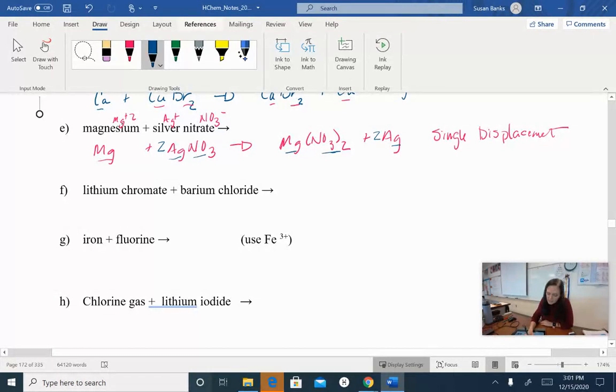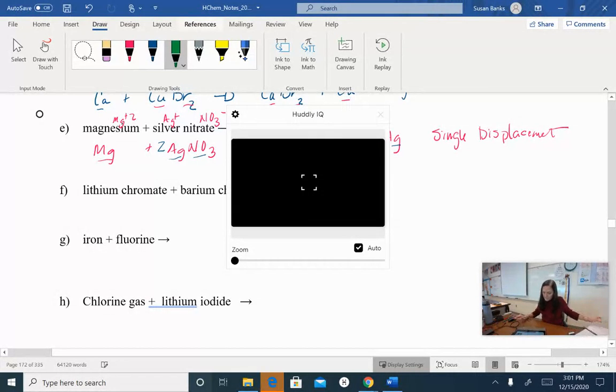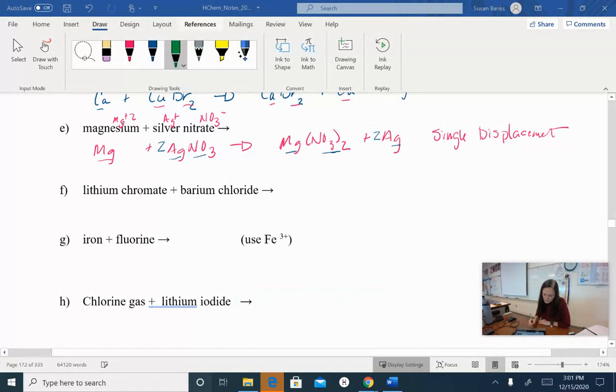Okay, lithium chromate. Lithium chromate. So lithium is a +1, and chromate is CrO4 -2.